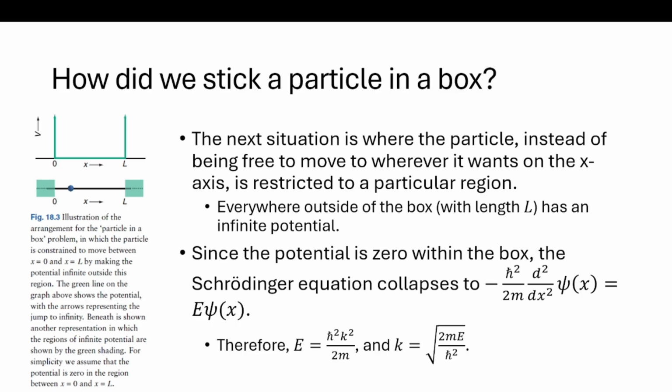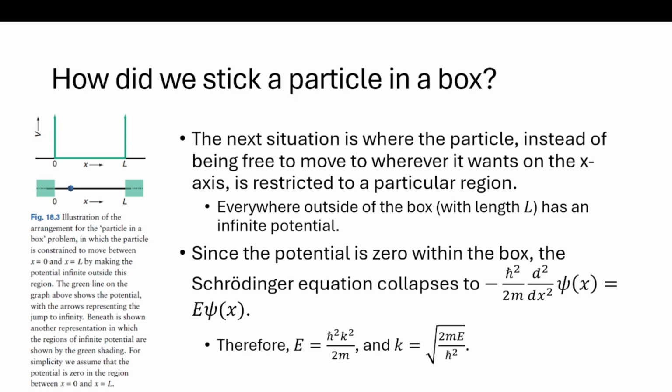And I'll define this box with the length L. But how exactly am I supposed to prevent this particle from escaping the box? Well, one easy way to do it is to have the potential inside the box on that number line be 0. However, outside of that box, that potential is going to be infinite, meaning that it's not going to be able to escape theoretically.